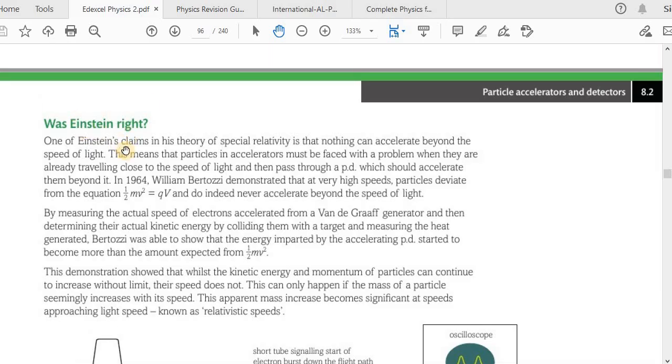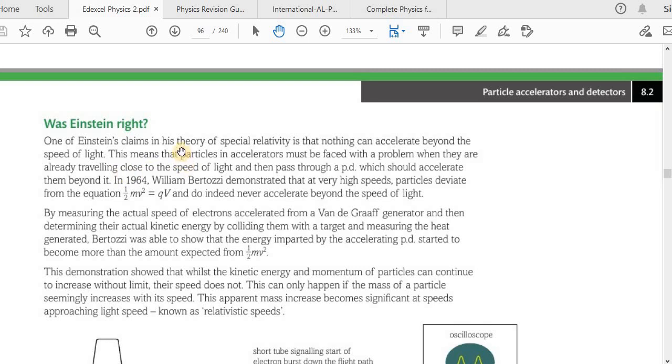Okay, then the next one is, was Einstein right? One of Einstein's claims in his theory of special relativity is that nothing can accelerate beyond the speed of light. This means that particles in accelerators must be faced with a problem when they are already traveling close to the speed of light and then pass through a potential difference which should accelerate them beyond it.